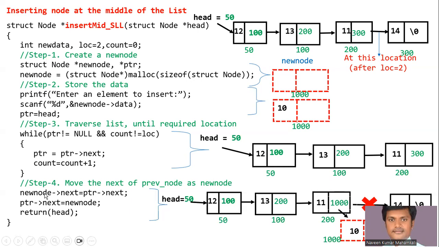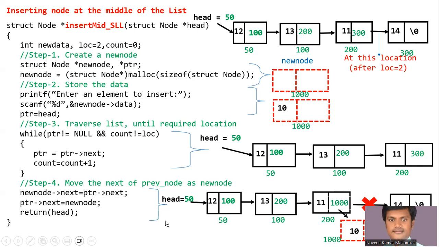Similarly, see here new node next equal to PTR next, which earlier had 300. So we have already done the necessary changes. 300 is shown here, meaning this new node is pointing to the last node of the previous list.